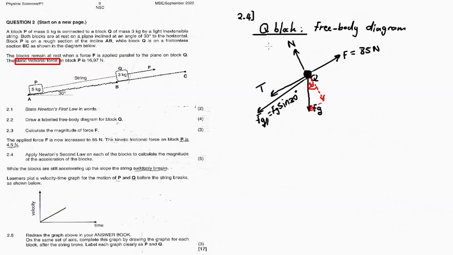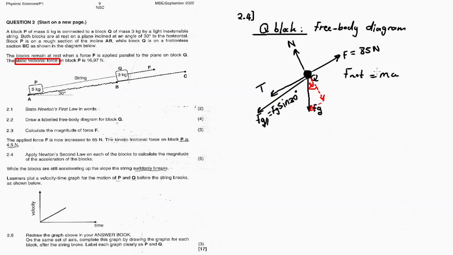This is the free body diagram of block Q. Now tension, this is the parallel component for FG, and then the applied force on block Q. So therefore this time F net is equal to mass times A. This is Newton's second law, right?